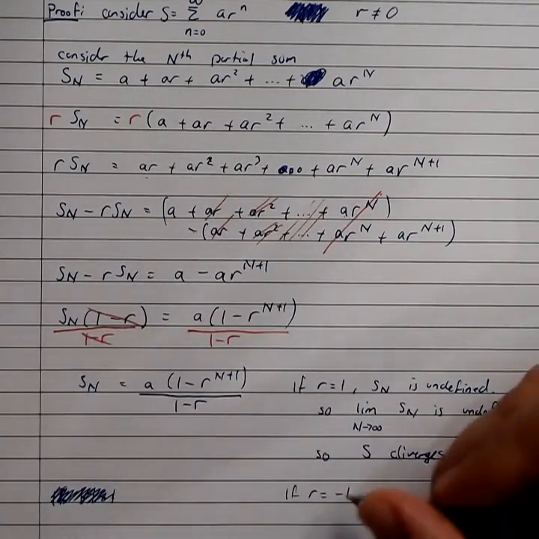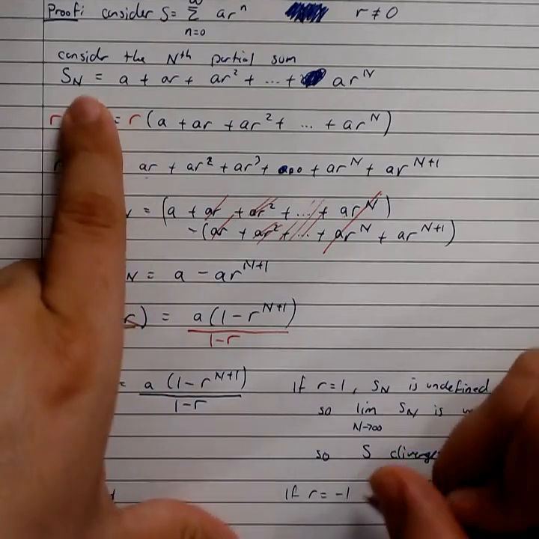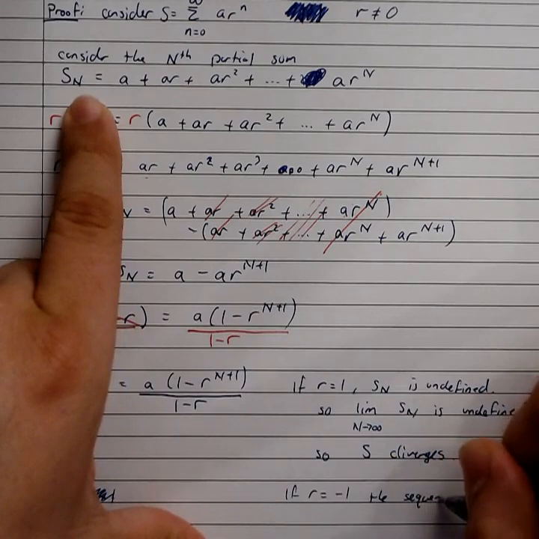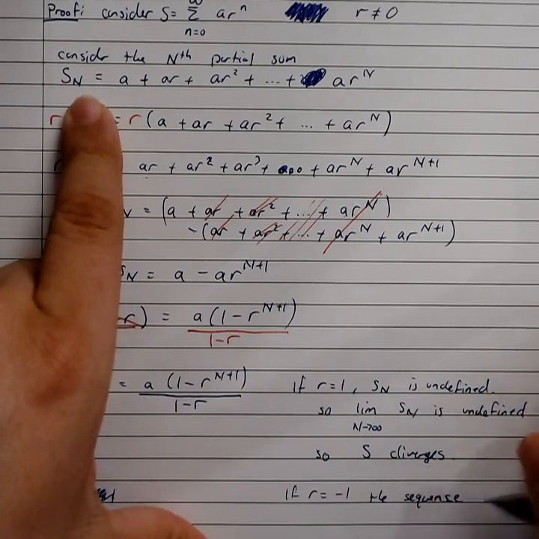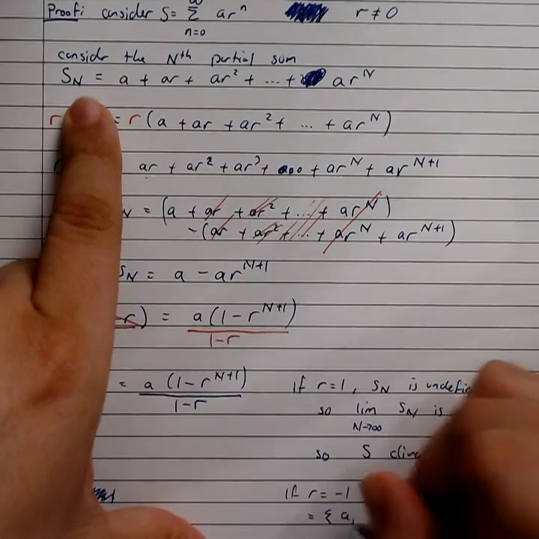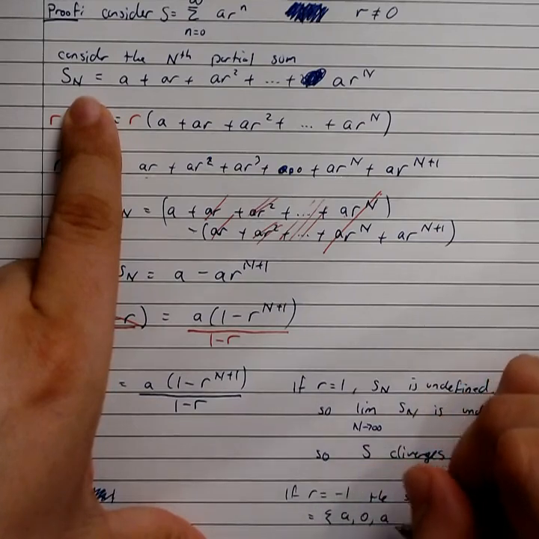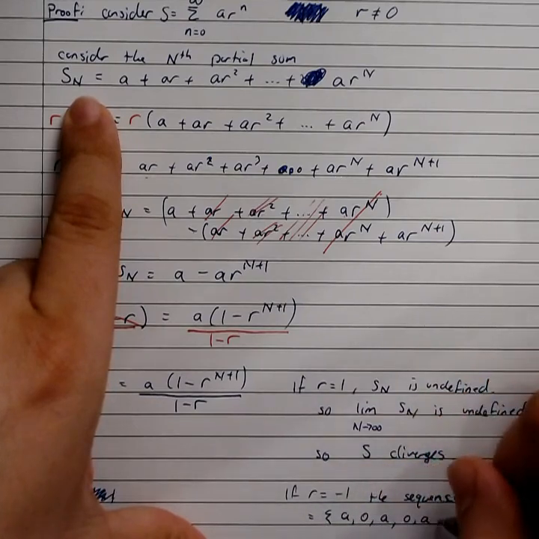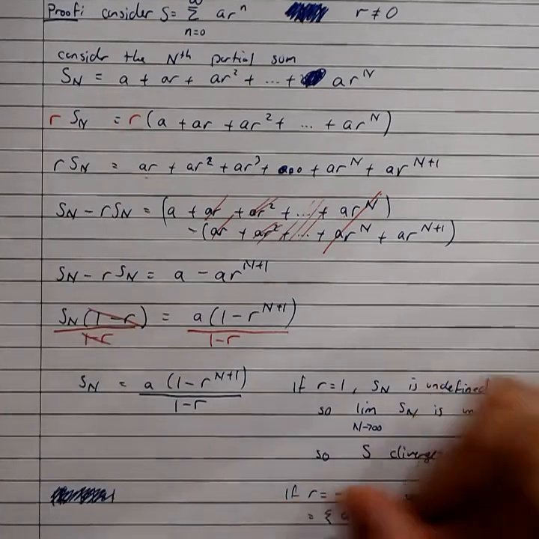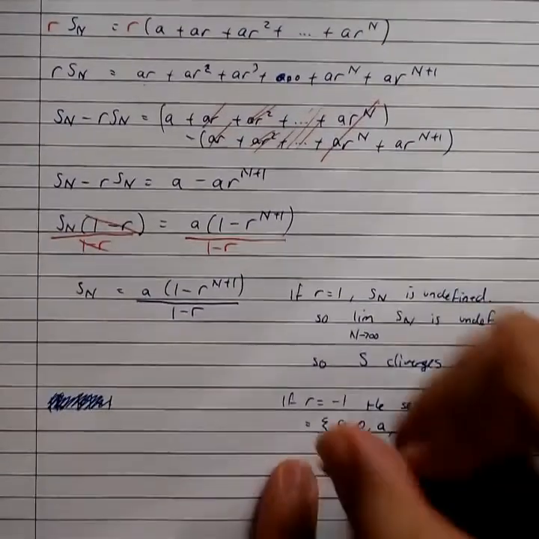So if R is equal to negative 1, the sequence of S sub n's is equal to A, 0, A, 0, A, 0, dot dot dot, which oscillates, and so it does not converge.